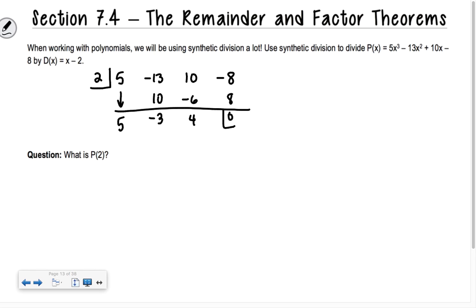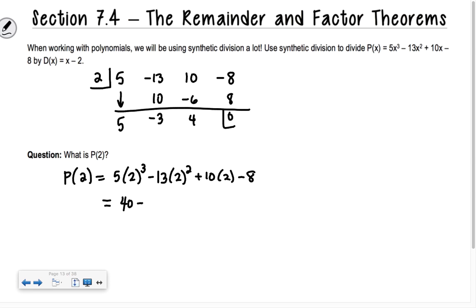It says, what is p of 2? If I went back to my original problem and plugged in 2, I would have 5 times 2 cubed minus 13 times 2 squared plus 10 times 2 minus 8. It's not very fun to compute. 2 cubed is 8, 8 times 5 is 40, minus 4 times 13.